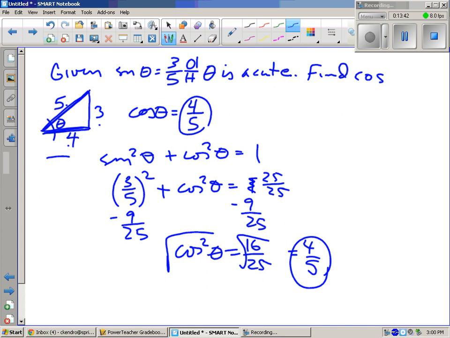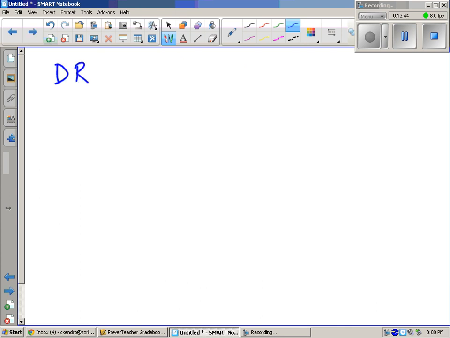All right, the last thing I want to talk about is your DRG button on your calculator. This stands for degrees and radians and gradians, which we don't use, but you have to push that button to change from degrees to radians. So very simply, sine of 46 degrees, you just make sure your calculator is in degrees.